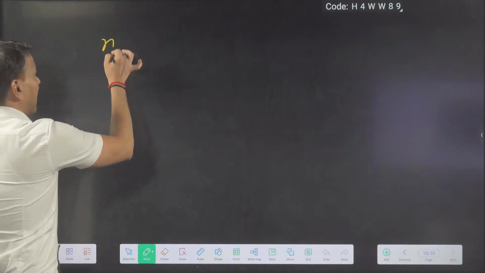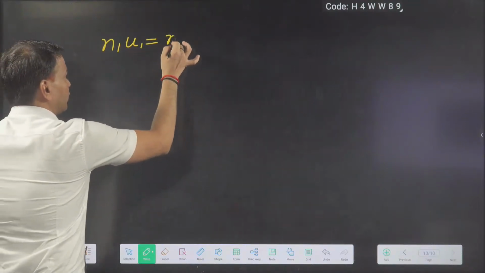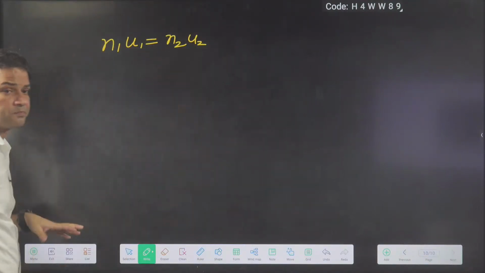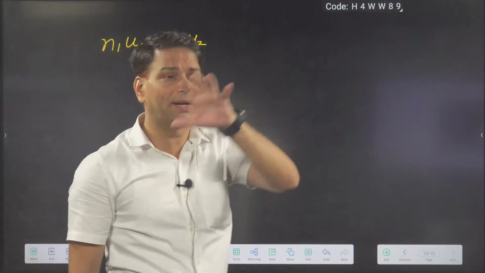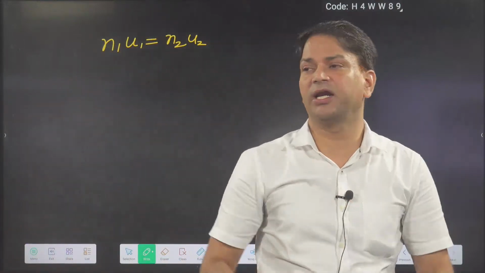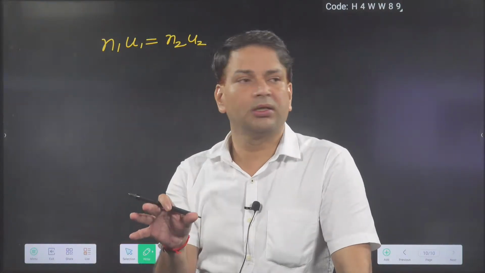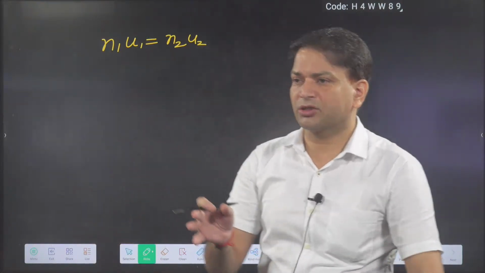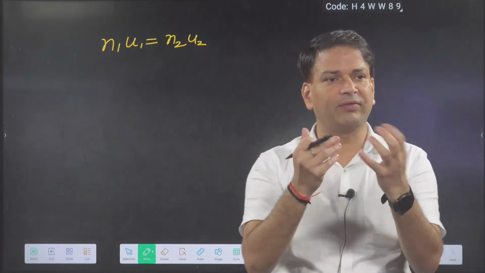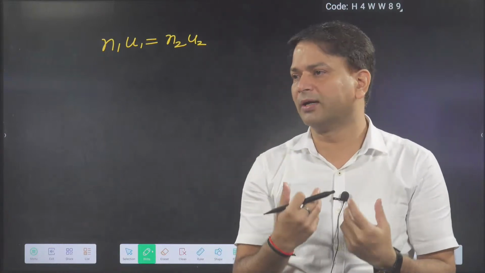But by using N1 U1 is equal to N2 U2, how will you get it? If I'm using N1 U1 is equal to N2 U2, same problem. So listen, to apply this relation, first we will decide something, because these are the common mistakes students are making. They are picking 1 and 2 randomly.